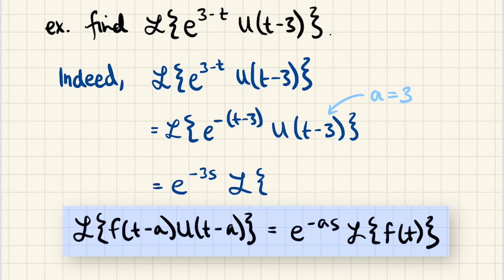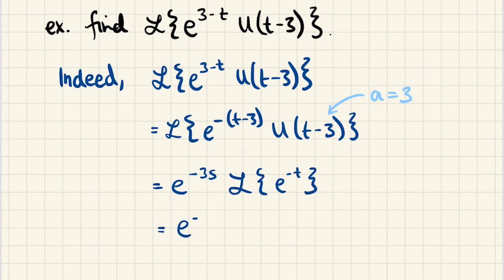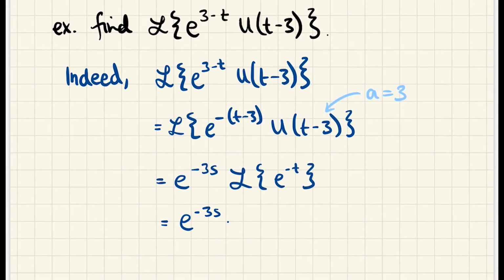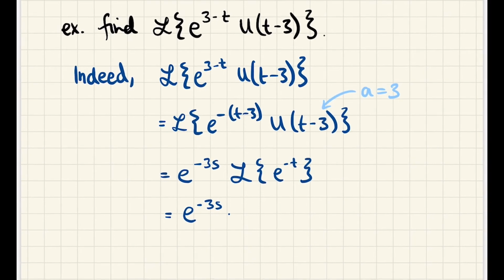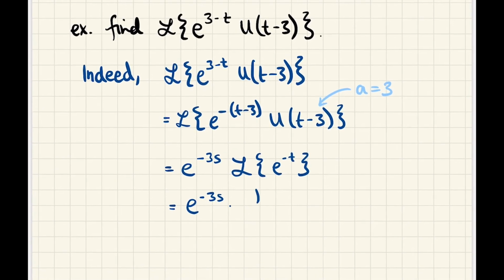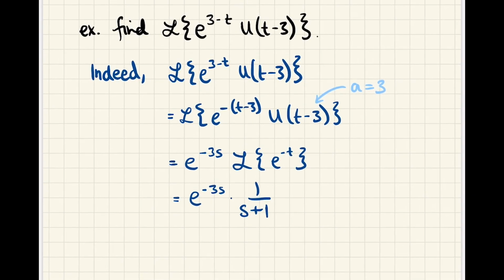So basically now what we're doing is we're taking kind of the parent function here and throwing away the offset. So this is just going to be e to the negative t. Okay, well we know how to take the Laplace transform of e to the negative t. That's going to be 1 over s plus 1. So our final answer here will be e to the negative 3s over s plus 1.